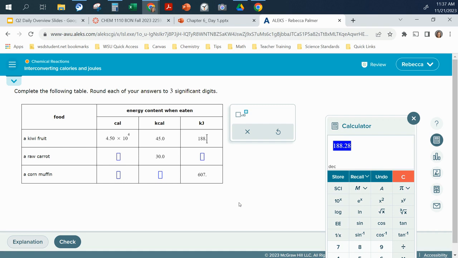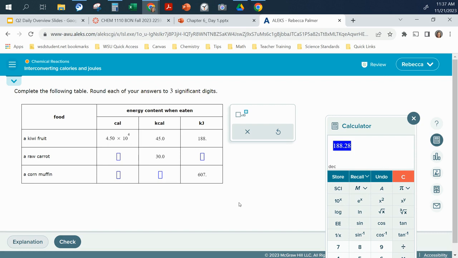And then 30 times 1,000. So I'm going to write this out: 30, and then move my decimal 1, 2, 3, and then move it back 1, 2, 3, 4. So 3.0 times 10 to the 4. Did I do that right?